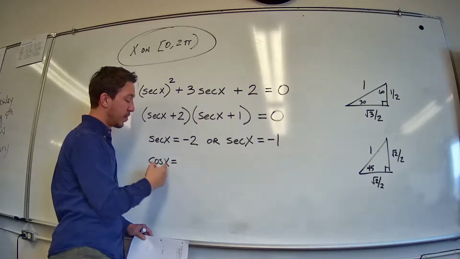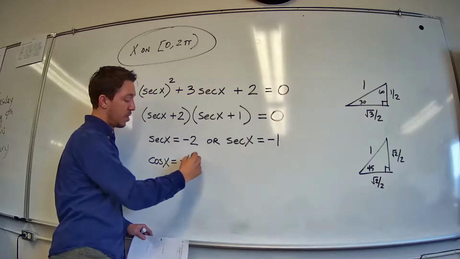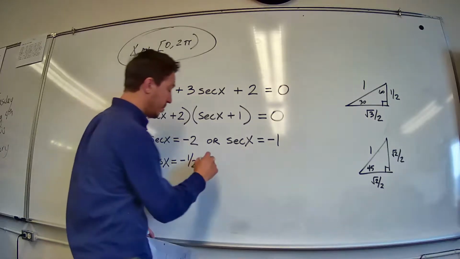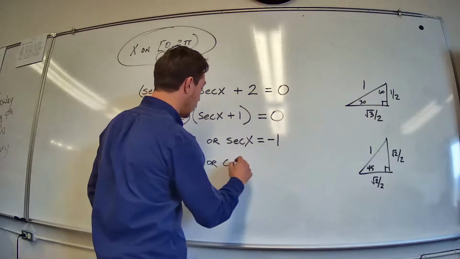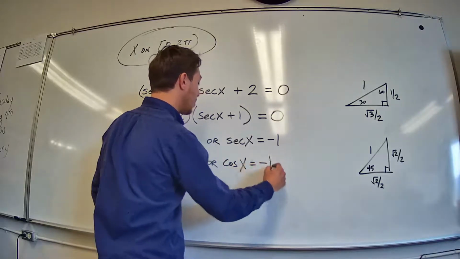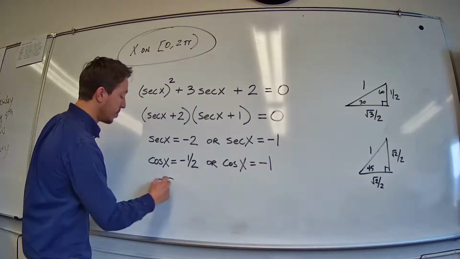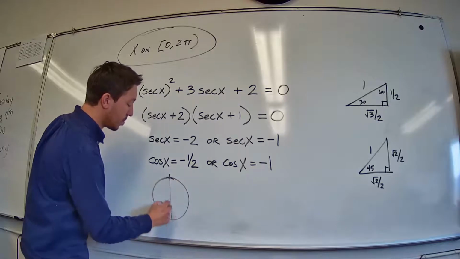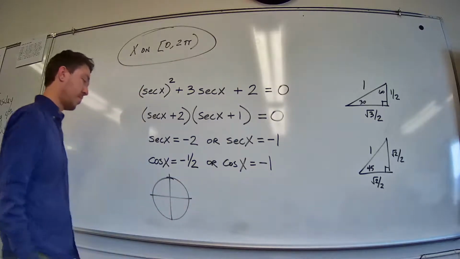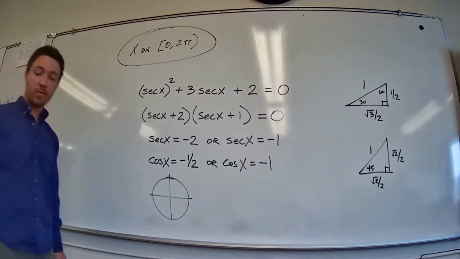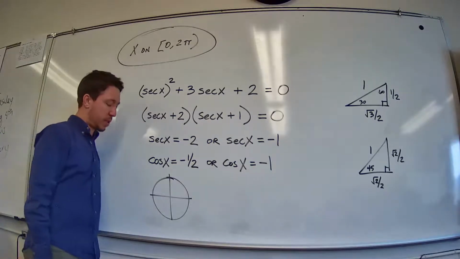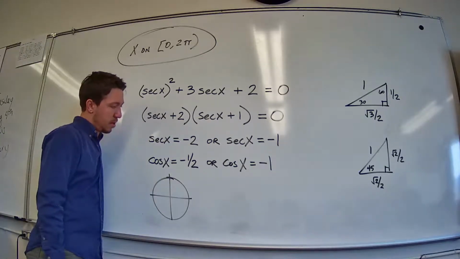This would be like saying the cosine was negative 1 over 2, or the cosine was negative 1. Circle time. Where would I get a cosine of negative 1/2?